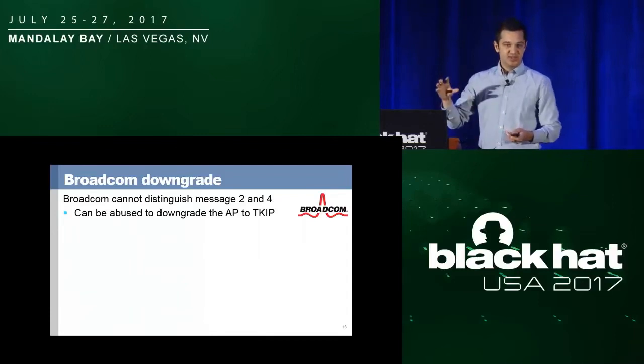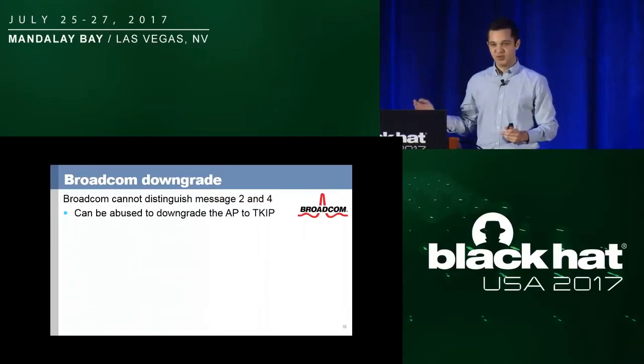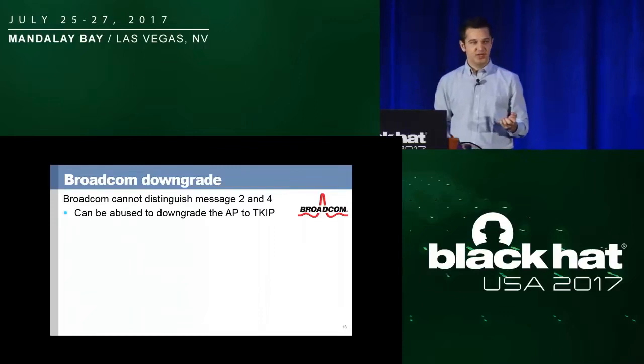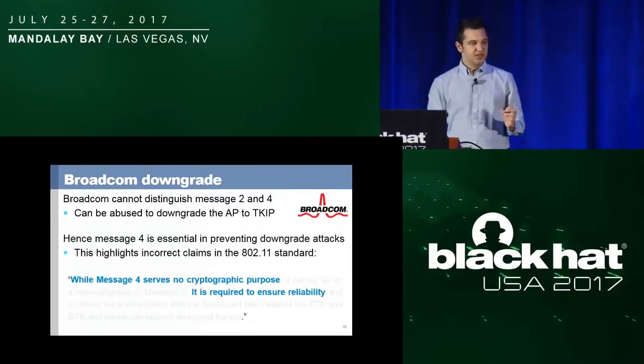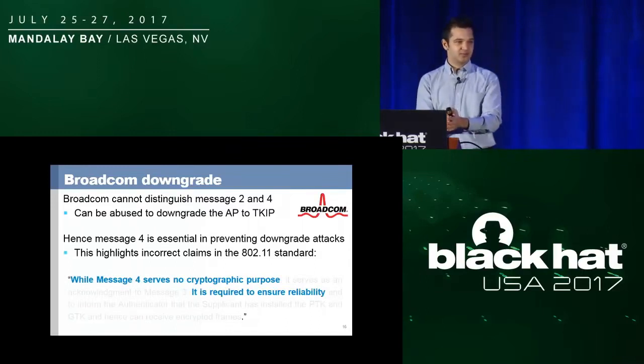Well, if the access point is expecting message 4, but it's actually receiving message 2, then it will simply treat message 2 as if it were message 4, and it will successfully complete the handshake. Now, I'm not going to go into detail about how this attack works. You need a few tricks in order to carry it out. But the core message here is that we can abuse this to downgrade the access point into using WPA TKIP.